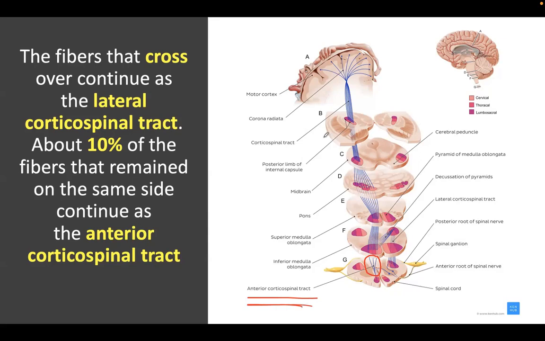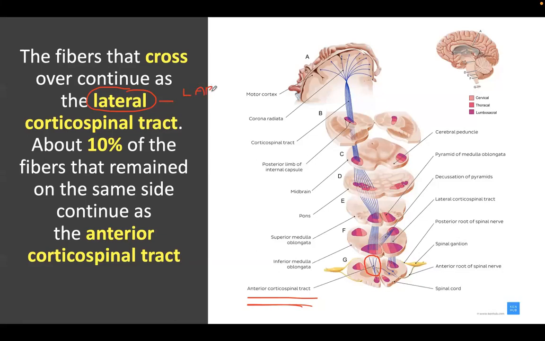So, question, which decussates? The lateral or the anterior corticospinal tract? Which will decussate? I want everyone to remember the one that crosses is the lateral corticospinal tract. Lateral is the one that goes to the opposite side.